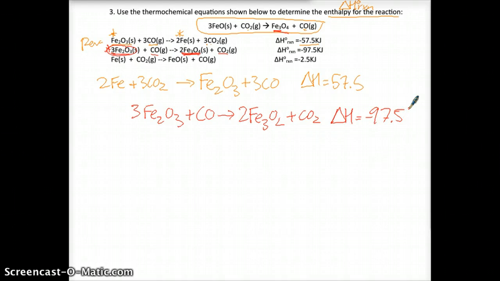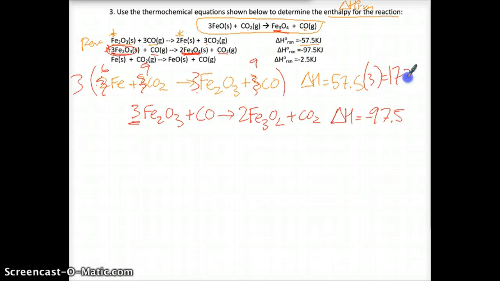In order to get these Fe2O3s to cancel, I'm going to need to multiply this times 3, because I have 3 moles of it here and only 1 here. So I'm going to multiply this whole thing by 3. So this now becomes a 6, this becomes a 9, there's a 3 here, and this becomes a 9. That means my enthalpy gets multiplied times 3, so this actually becomes 172.5.